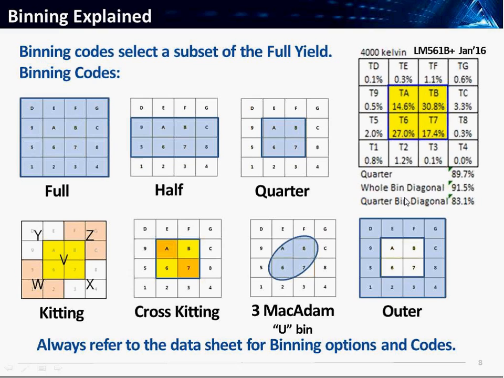This is actually the data from January on the 61B plus at 4,000 Kelvin. And you can actually see that if I order full bin, I get any of those 16 ranks. If I order half bin, I would get the center 8. And if I order quarter bin, I get the final center 4.